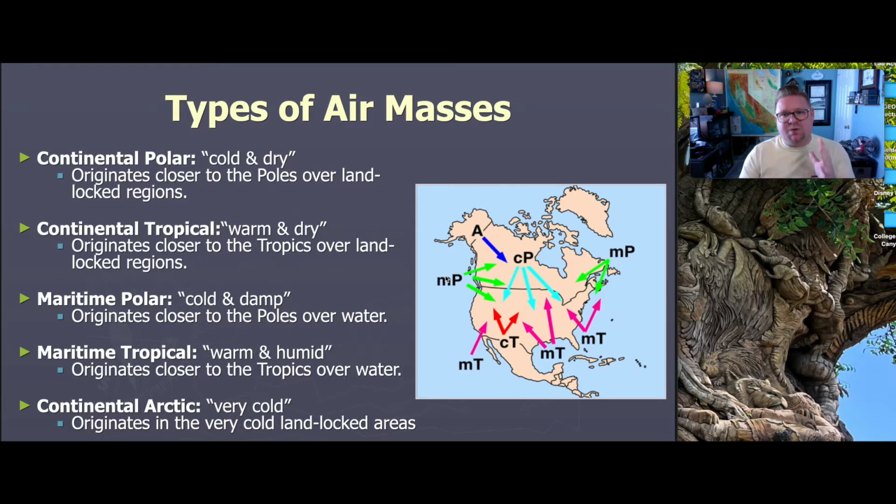So these arrows really help paint a picture of the direction in which these air masses will continue to move. And then remember, when we talked about fronts, we can also find some instances where these boundary lines where they meet can become a specific type of front that we'll talk about later in this presentation.